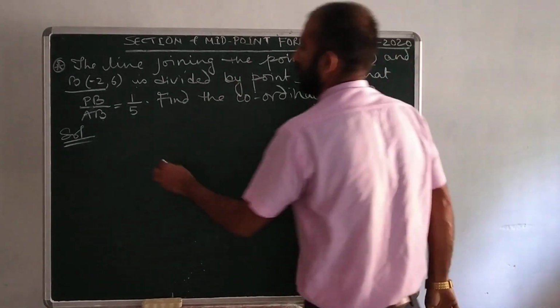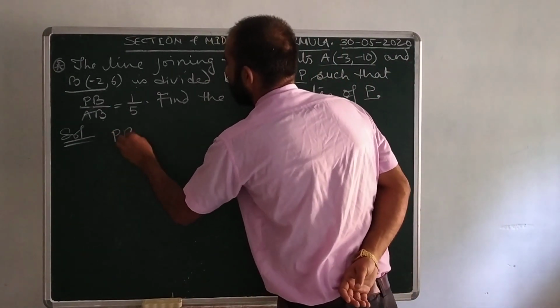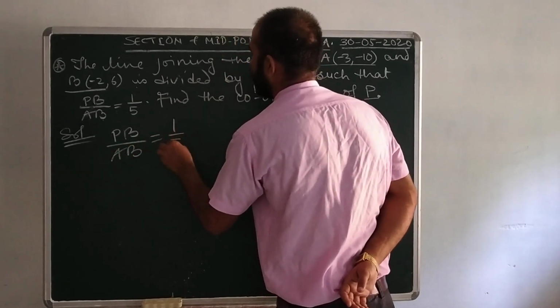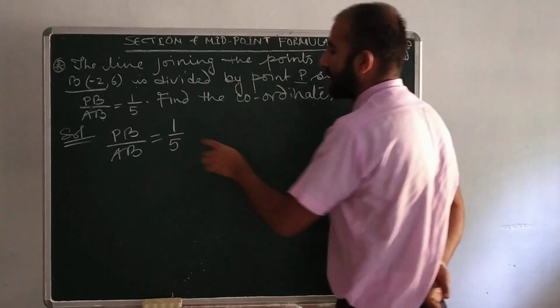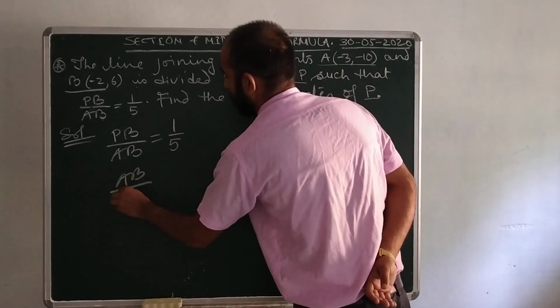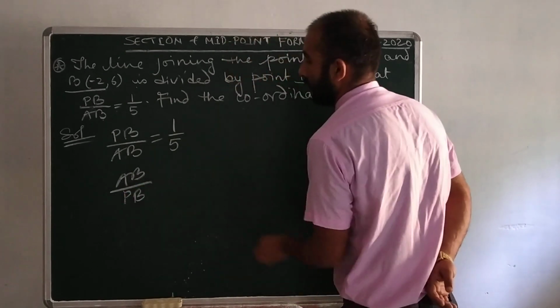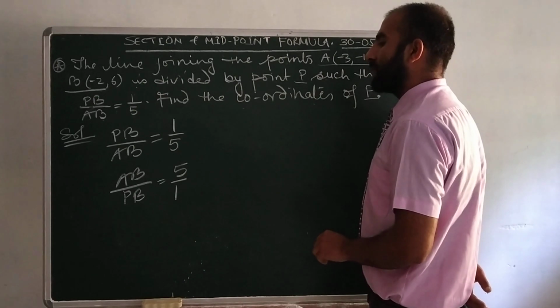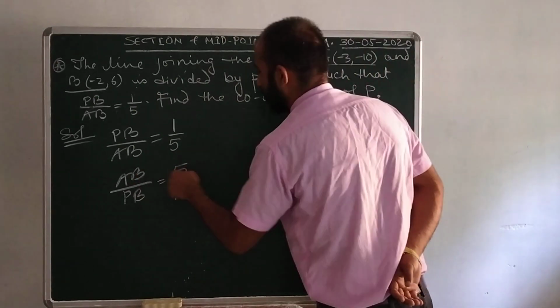So let's get started. PB by AB is equal to 1 by 5. So what I'm going to do, I'll just reciprocal it first of all. That is AB by PB equals 5 by 1. Now what will I do? I'll subtract 1 from both the sides.